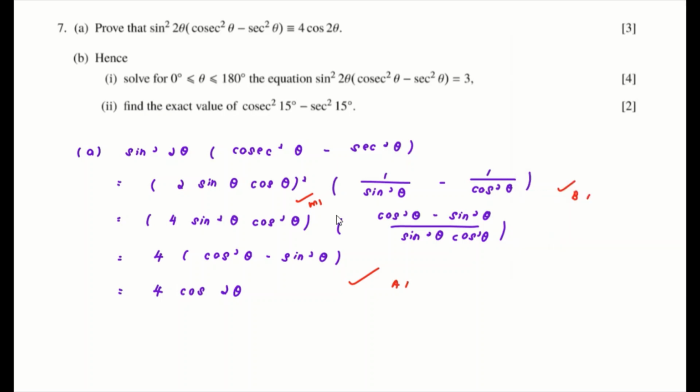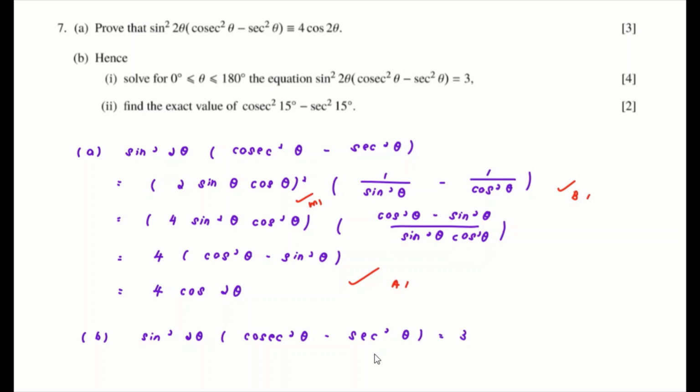So hence solve for theta between 0 and 180 the equation for the whole thing equals to 3. In this thing, you can see the whole thing here equals to 3, which means that we can always change it to what we have on the right hand side, right? So let's try to copy first. Sine square 2 theta, cosec square theta minus sec square theta equals to 3.